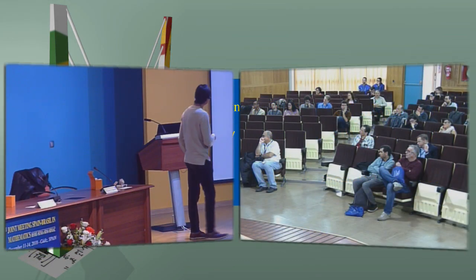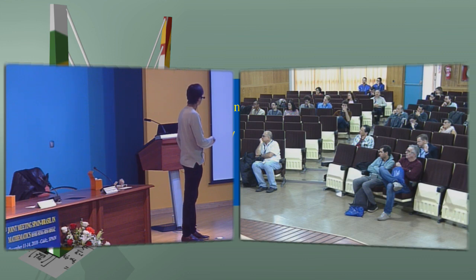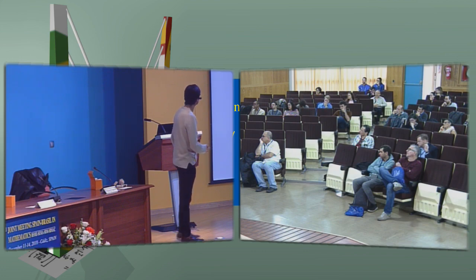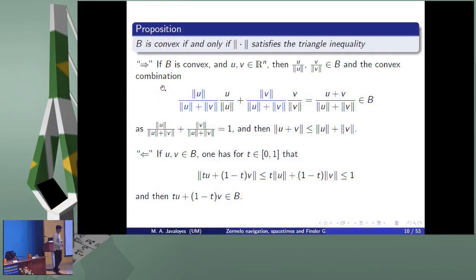As the unit ball is convex, this belongs to the unit ball, and then you have the triangle inequality. The converse is still easier. If it satisfies the triangle inequality, then if you consider a convex combination of two vectors in B, directly you obtain that it is less or equal to 1. So it's in the unit ball.